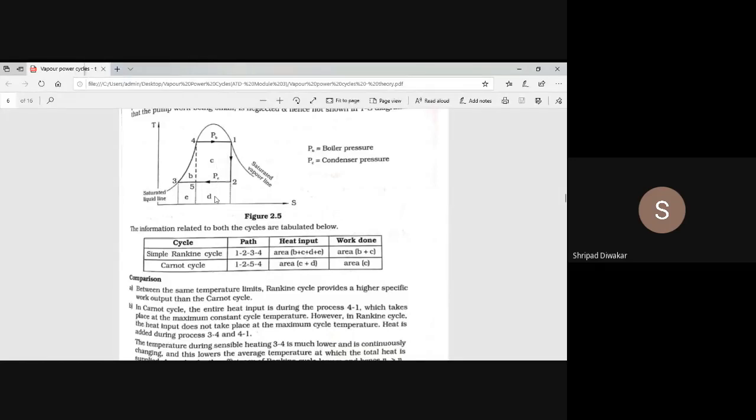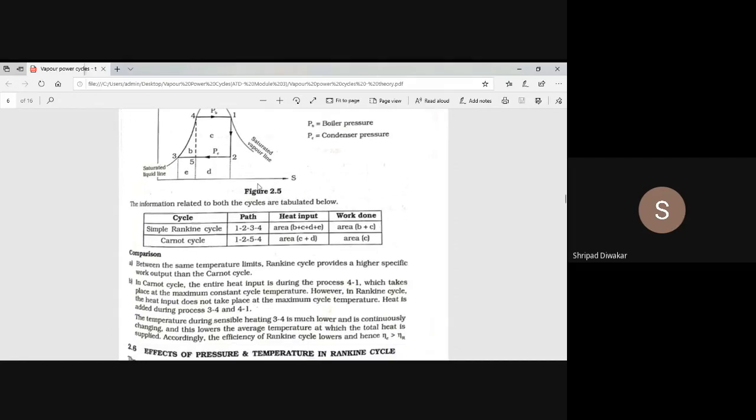Okay, comparing the Carnot cycle and Rankine cycle, because of the more heat input in the Rankine cycle, you'll get the higher thermal efficiency. You remember, as the heat input increases, the work done will be more. As the work done will be more, you will get more cycle efficiency. Hence, the heat input is more.